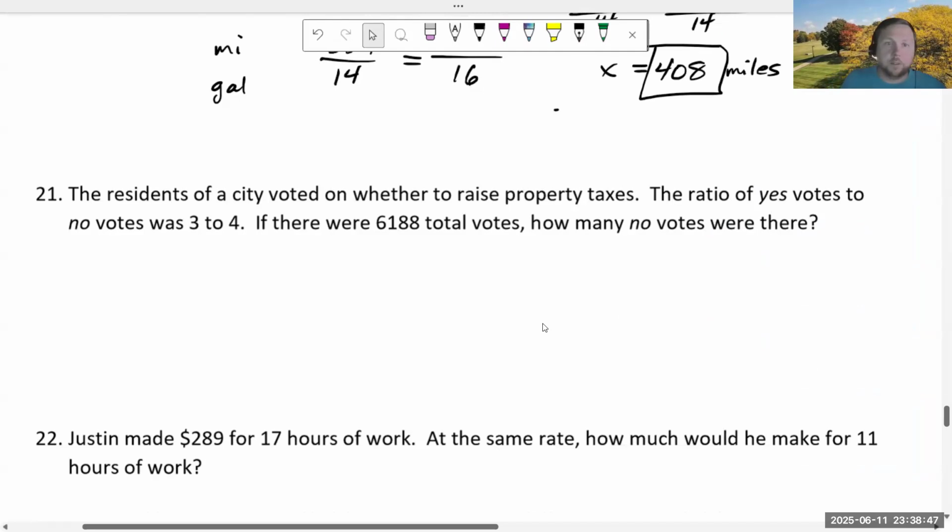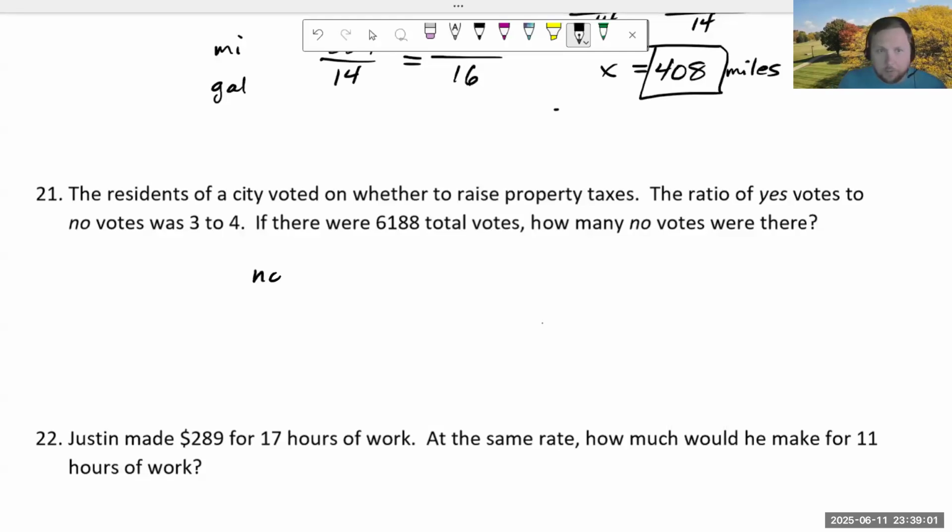The residents of a city voted on whether to raise property taxes. The ratio of yes votes to no votes was 3 to 4. If there were 6,188 total votes, how many no votes were there? So now I want to find no to total. So I'm going to just set up a proportion. And I know that 6,188 is going to be the total.